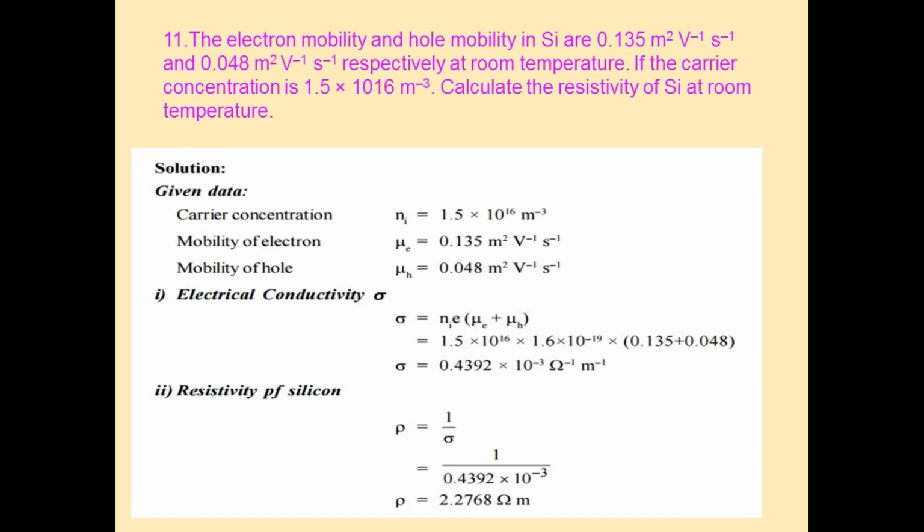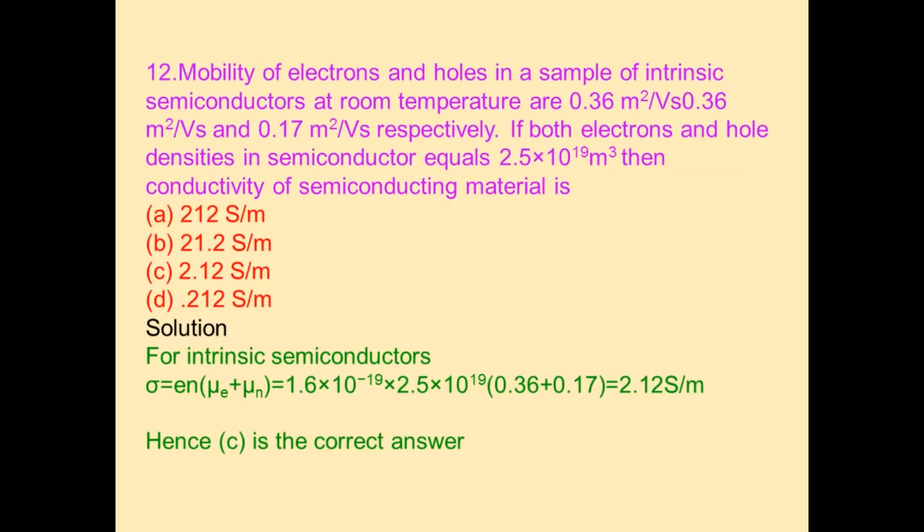In this problem, carrier concentration, mobility of electron and holes are given. Conductivity sigma is Ne into mu E plus mu H. Substituting, you get sigma as 0.439 into 10 power minus 3 ohm inverse meter inverse. The reciprocal of conductivity is called resistivity. Rho equal to 1 by sigma. Rho value 2.27 ohm meter.